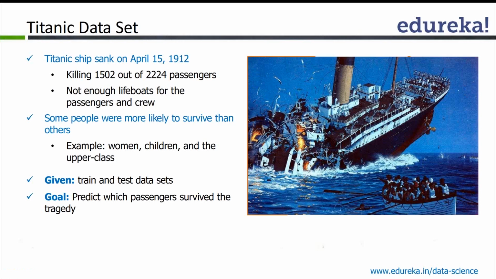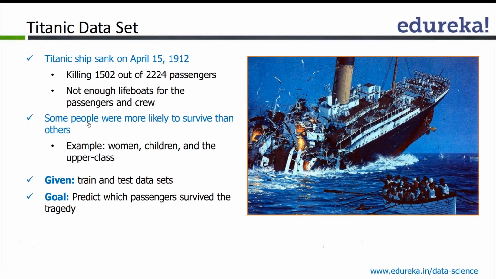Typical priorities were that women and children were given more priority than men. For example, if there is a child, the child has a higher probability of survival than a male adult.